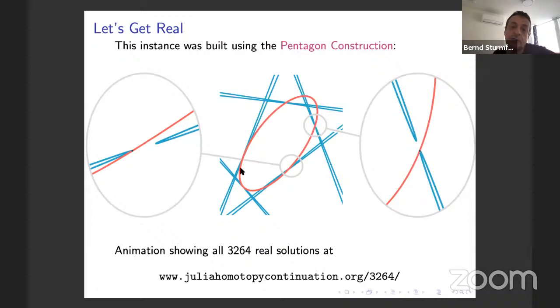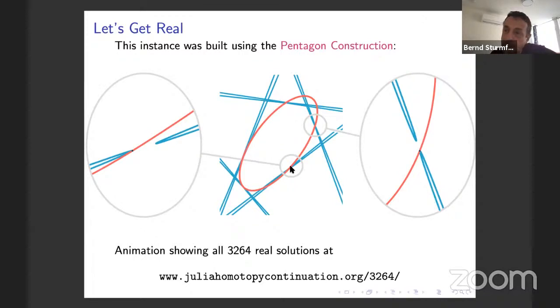So imagine a convex pentagon. You look at the lines spanned by the sides of the pentagon, you double each line, and then you get this pair of lines, this pair of chopsticks that intersects somewhere in the edge of the pentagon.